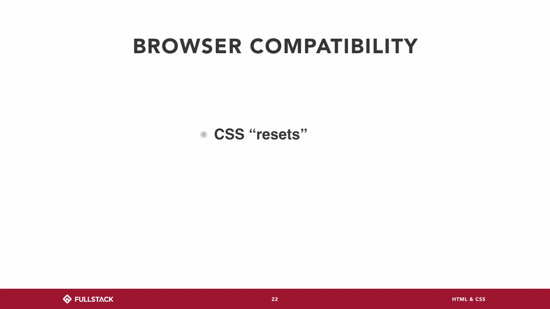There's other things that you can reset as well, but this is usually done with a style sheet that is either called reset or something along those lines. And we call this CSS normalization, where we're using a style sheet to make the browsers compatible with each other.